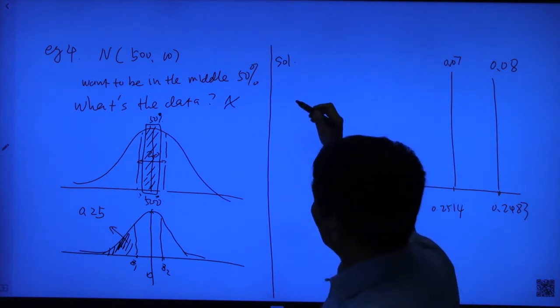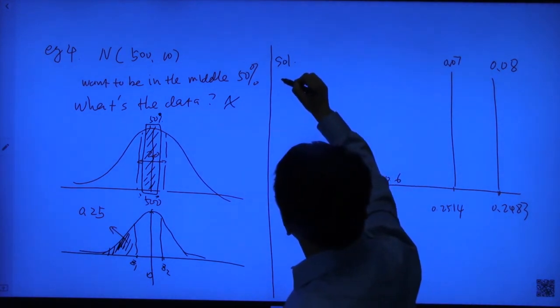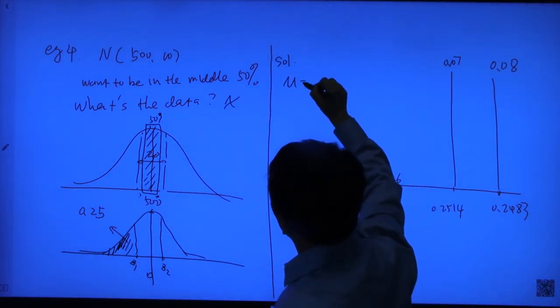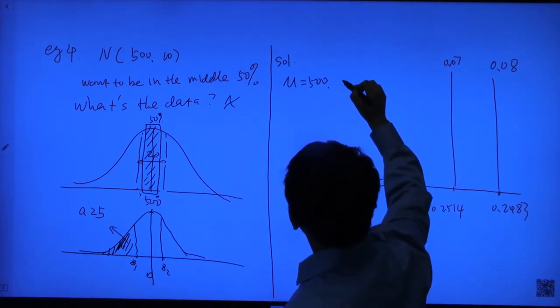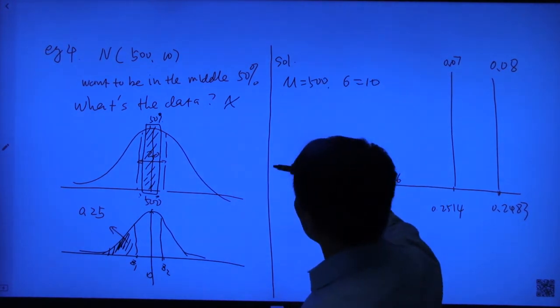Solution. We can write the first line. The mean mu equals 500, and the standard deviation equals 10.